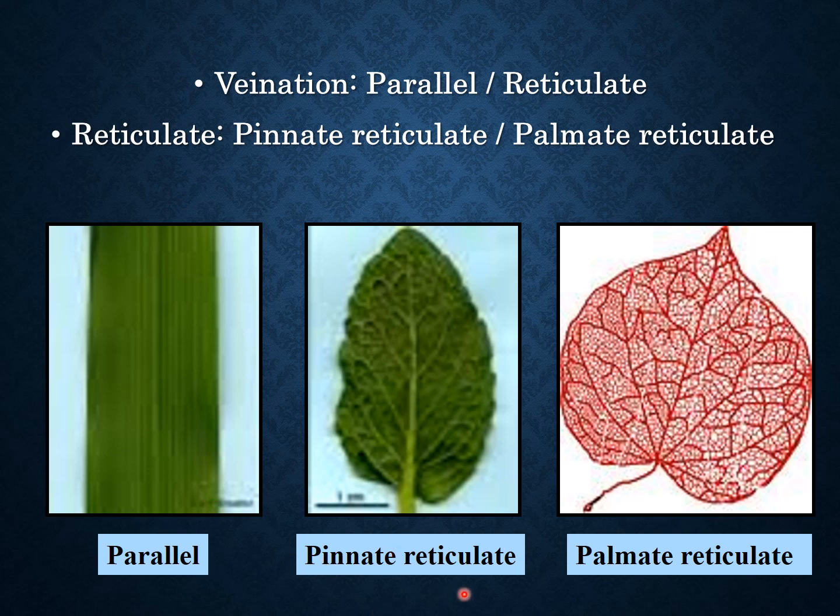While in pinnately reticulate leaves, the midrib is prominent and thick, and all other veins are present as a network system. And in palmately reticulate venation, all the veins or midribs arise from the same common point. This is called palmately reticulate.